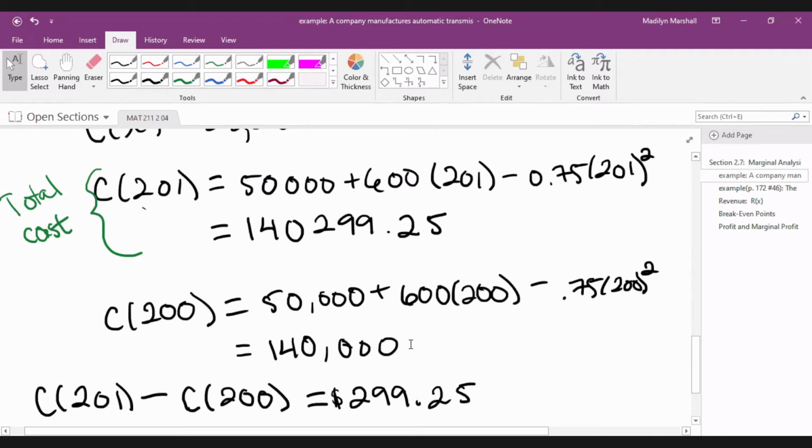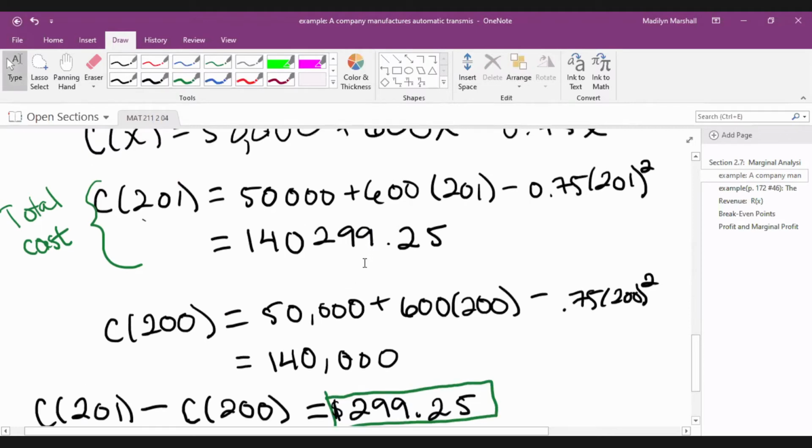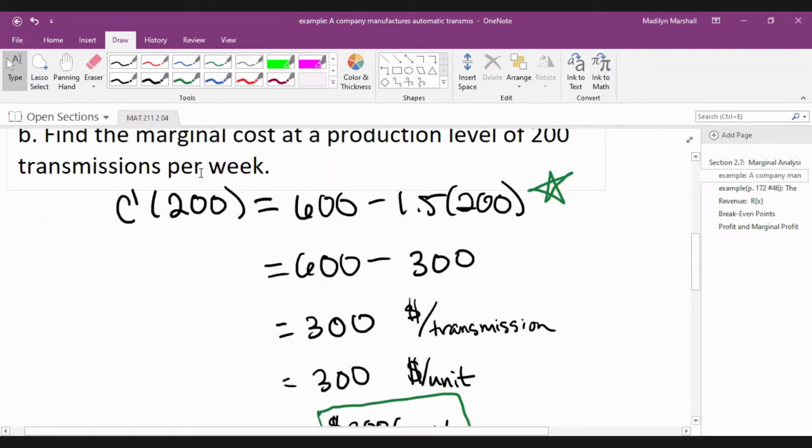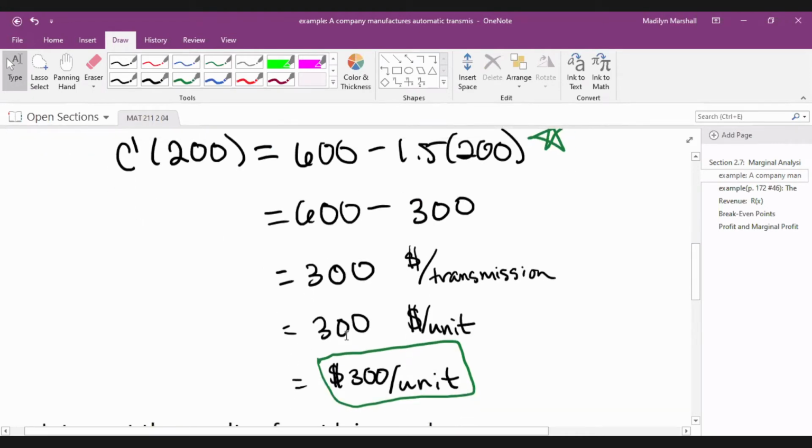So let's compare what we're seeing here. For part D, we found that that 201st transmission was 299.25. In part B, we said that at a production level of 200, the rate of change is $300 per transmission.